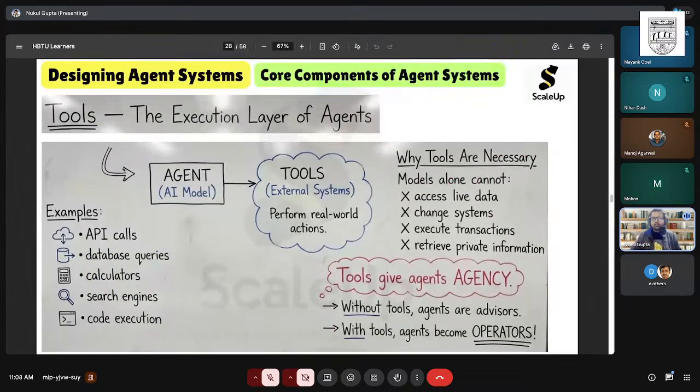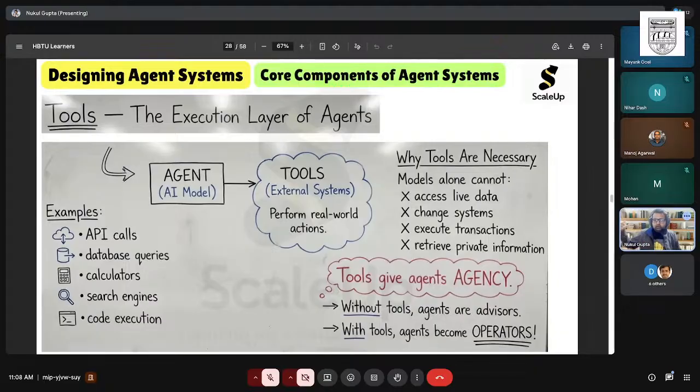Okay, now we will be discussing the tools. Tools are the execution layer of agents. We know that the model interacts with the tools. Tools are the external systems, and they are responsible for performing real-world actions. Examples of tools include API calls. This can be an internal API call, like calling your own organization's ERP or CRM, or some third party APIs.